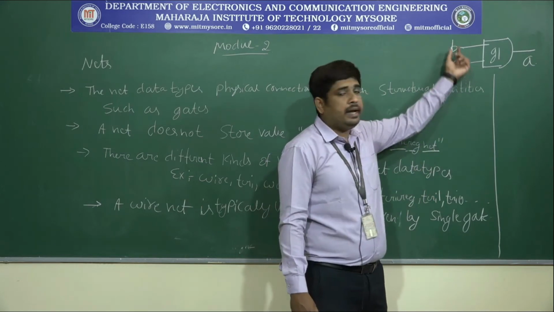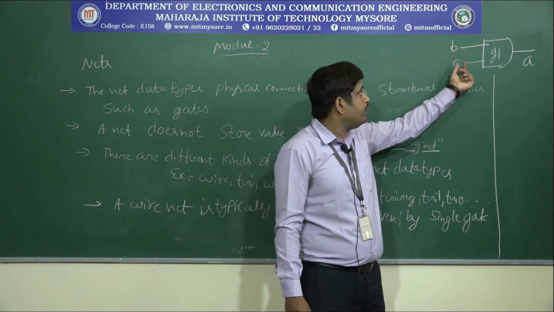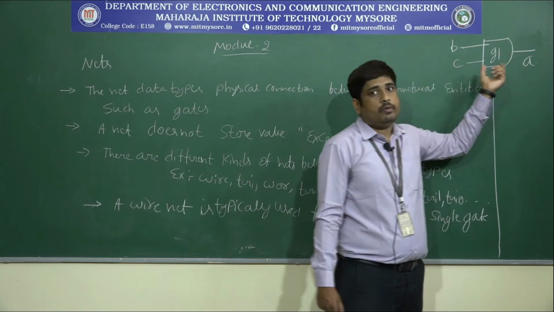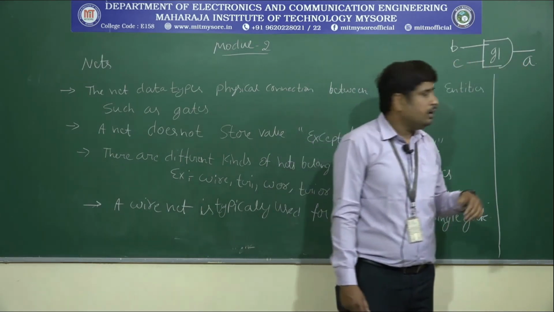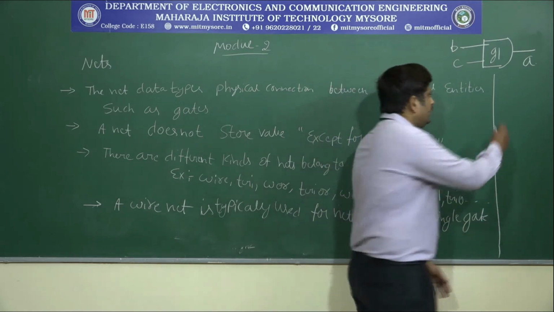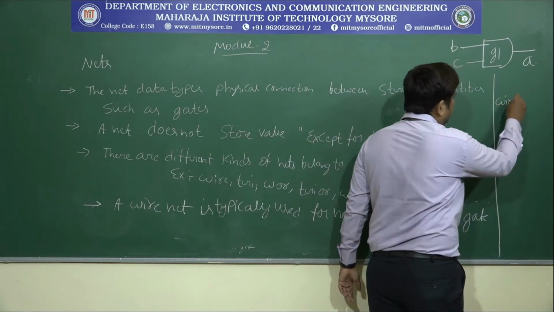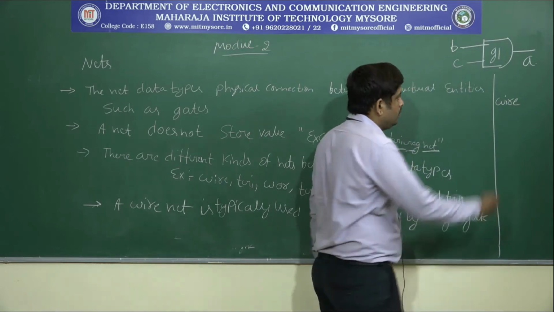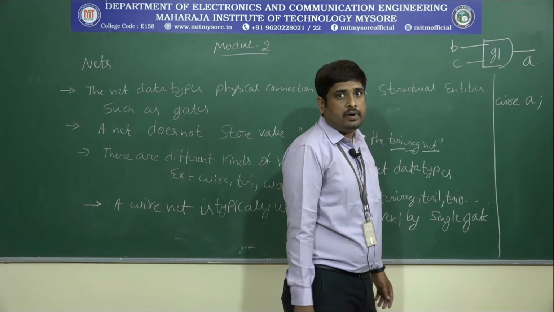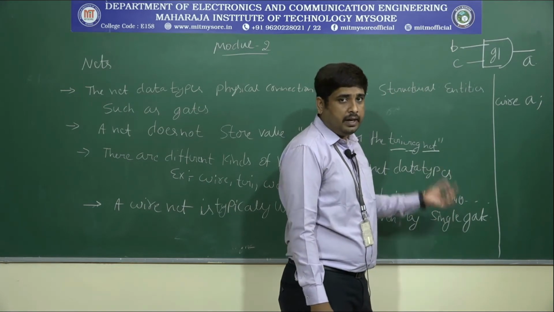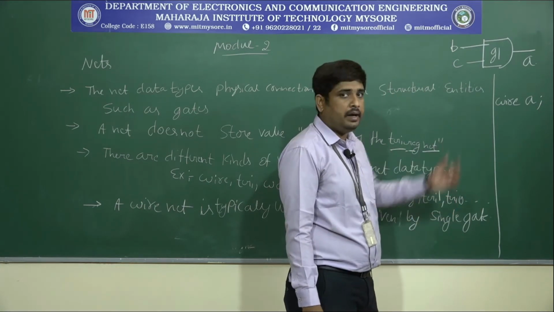Here, when the values of B and C change, at that time A should change. That is a wire. Again we take examples for wire. The syntax is the keyword wire A, which is a net.